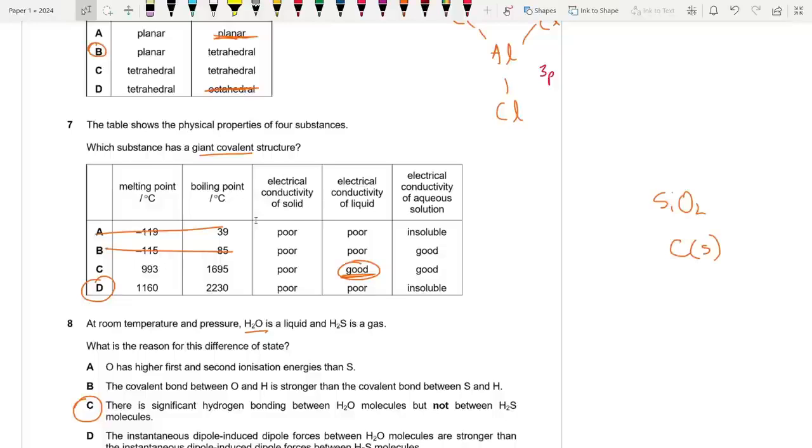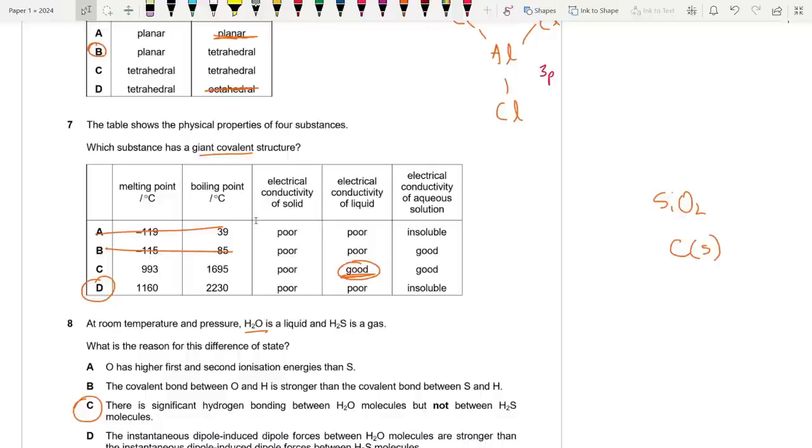How to differentiate between giant ionic and giant covalent? The logic is a giant covalent structure cannot conduct electricity in liquid state. So the answer should still be poor. Okay, but ionic substances can't conduct electricity in solid state, but when they are dissolved in water, or when they are in liquid form, right, they can conduct electricity.